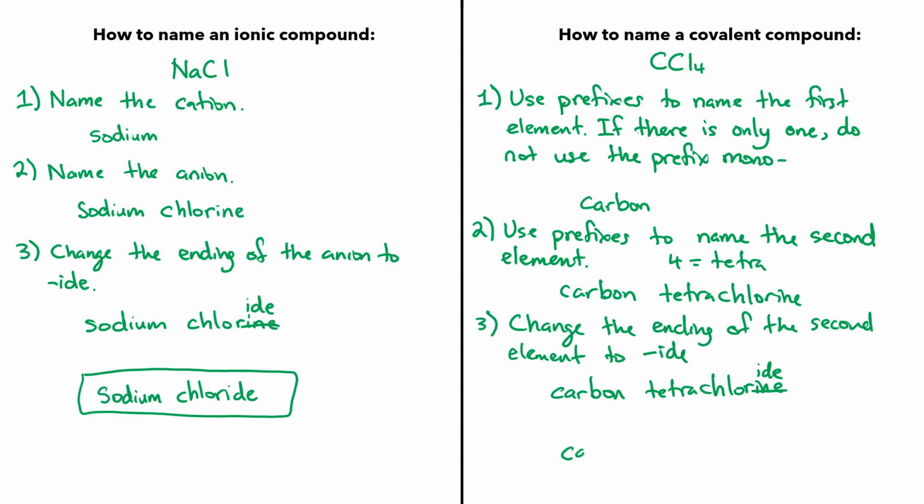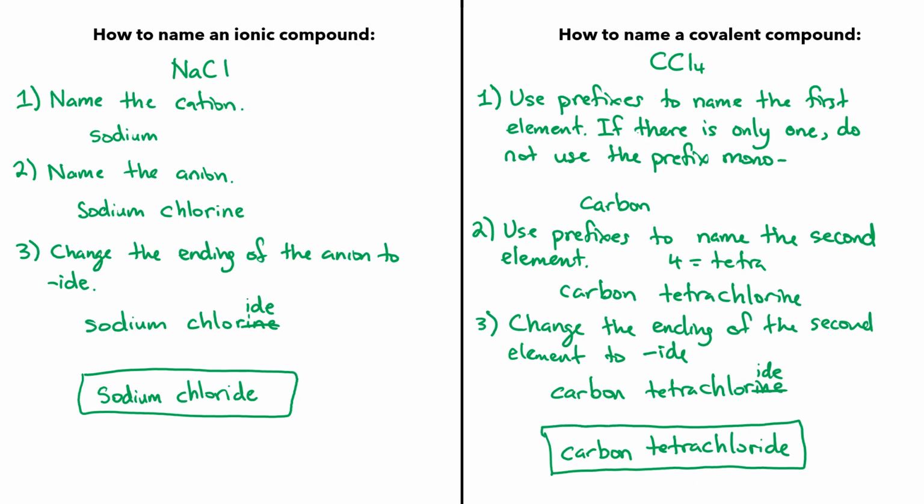I'm going to rewrite it to make it look nice. Carbon tetrachloride. Boxing my answer. That's how I expect to see how to name a covalent compound. These are detailed steps, y'all.